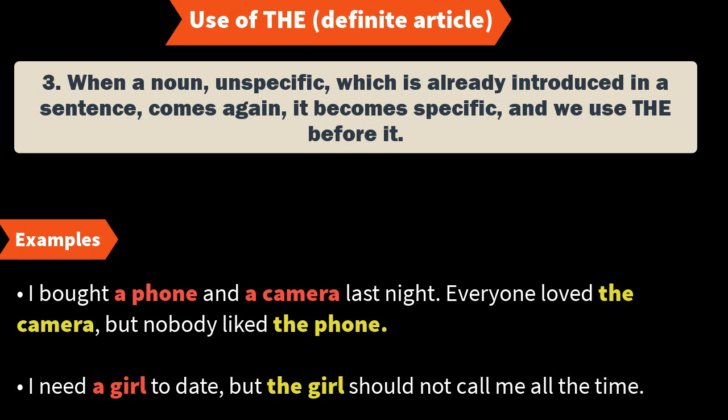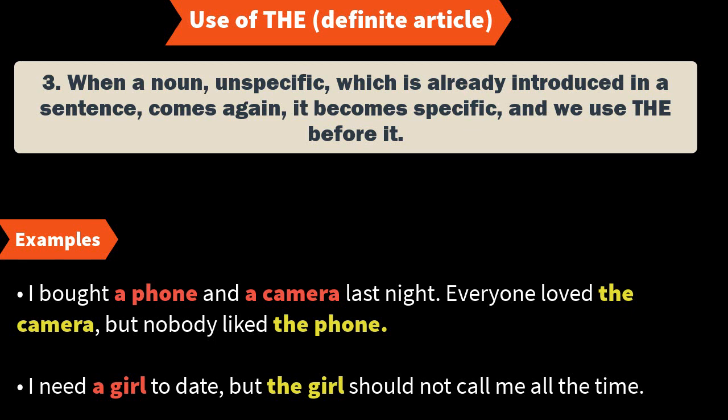And a camera, you do not know which camera I'm talking about. No information given. But later on, I say everyone loved the camera. Which camera am I talking about? I'm talking about the same camera that I bought last night. Everyone loved the camera, the same camera that I bought last night, but nobody liked the phone. Which phone? The one that I bought last night.